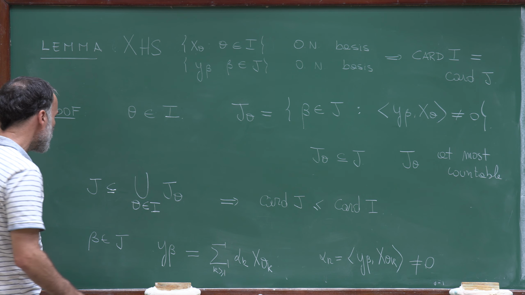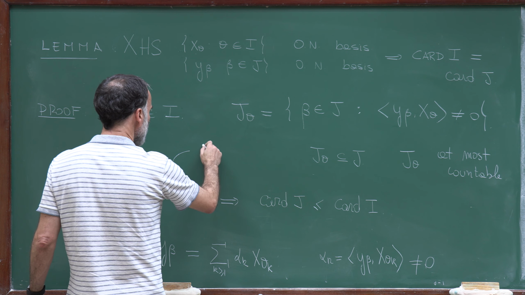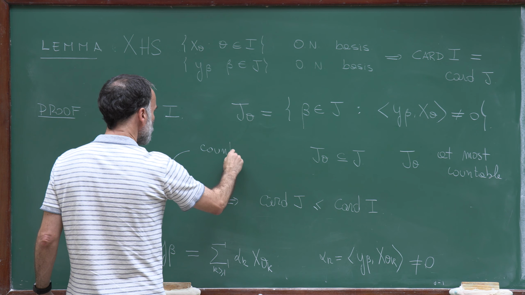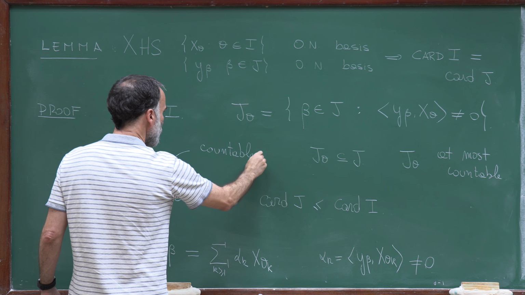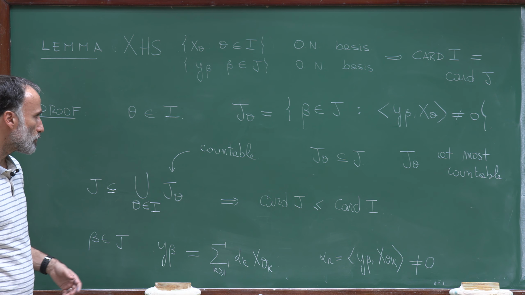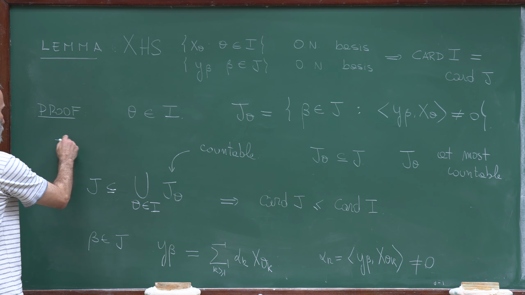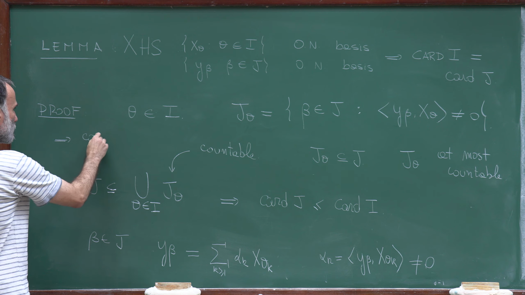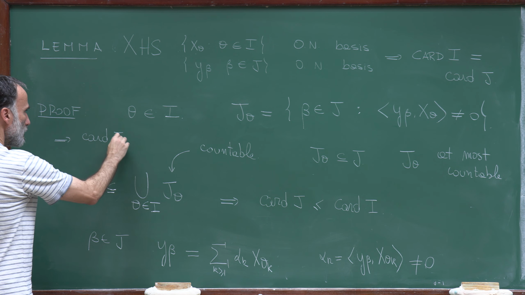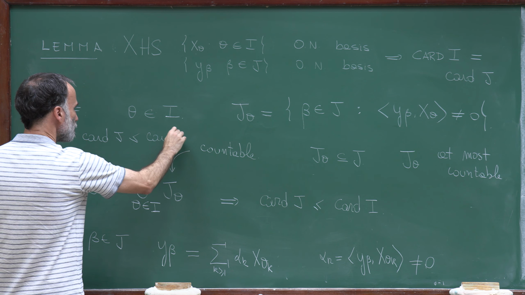But since each of these sets is countable, and since the countable sets are the infinite sets with the least cardinality, it follows from this inclusion that the cardinality of J is smaller than the cardinality of I, right?